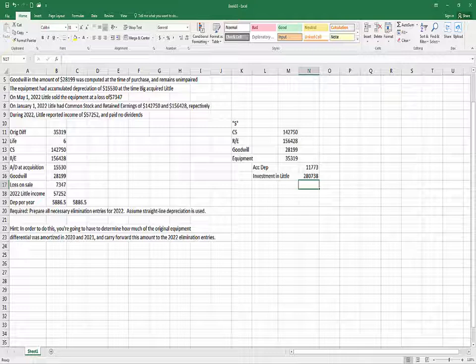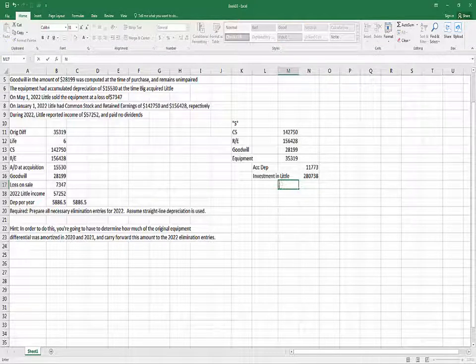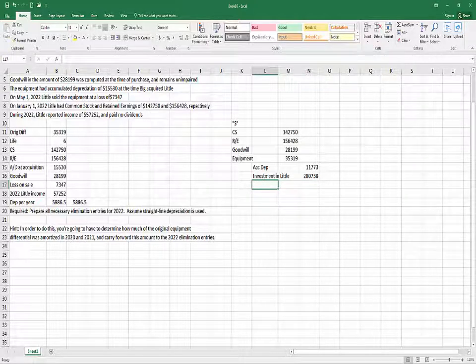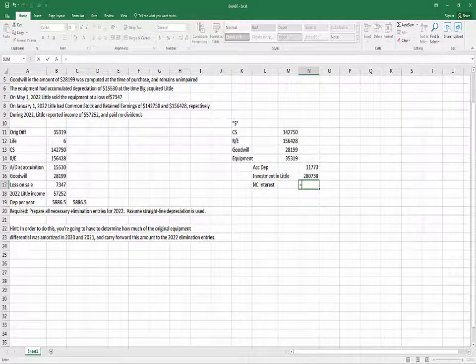The non-controlling interest gets the other 20% of that plus that plus that plus that minus that.